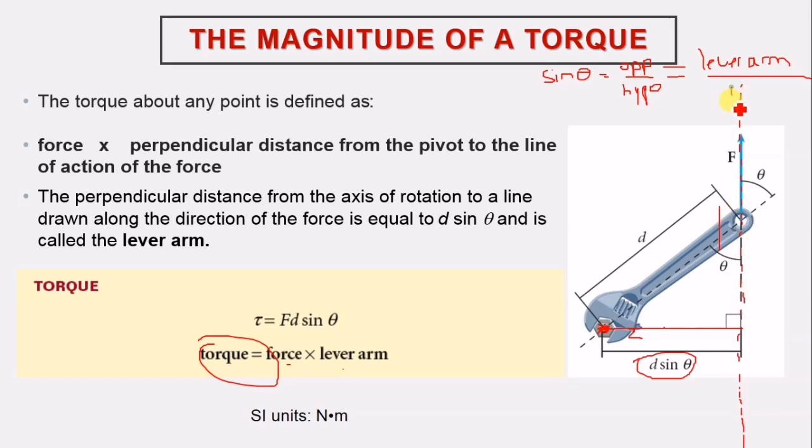It is d, so divided by d. So what is the lever arm, the one that I care about? It is d times sine theta. That's why we replace lever arm by d times sine theta, because usually they give us the length of the wrench and the angle between the wrench and the force applied.